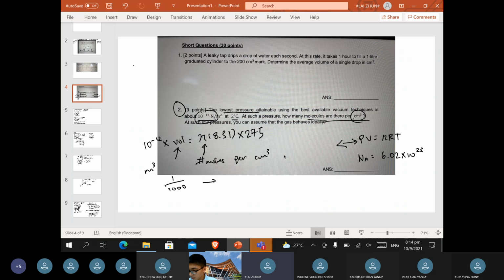Does this make sense? Because 1000 cm3 equals 1 meter cube. So if you let this be 1, you'll get the number of moles per meter cube. Oh sorry, not 1 over 1000. If you let this be 1000, you get the number of moles per cm3.